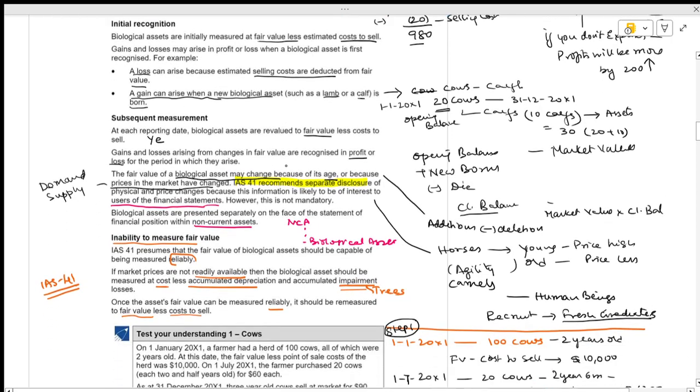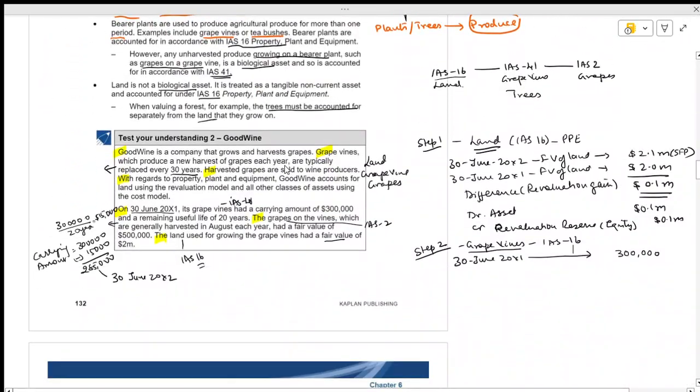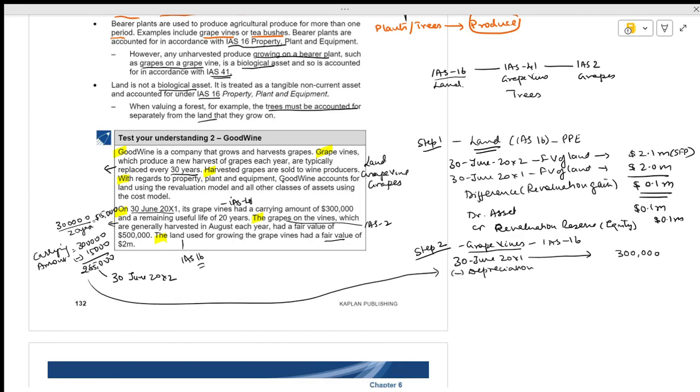Now, taking that into consideration, the value of grapevines is 300,000 minus depreciation. How much is the depreciation? 15,000. It comes to 285.